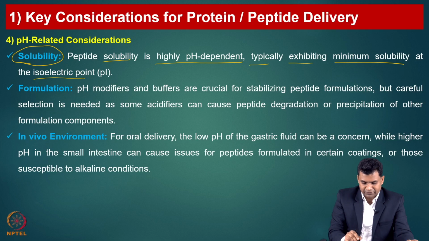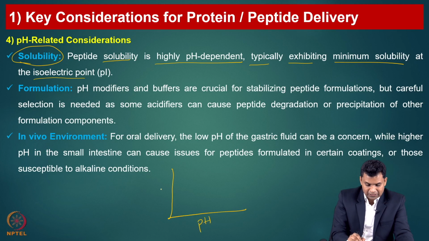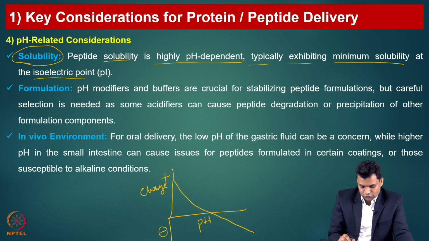We can understand this by plotting a simple graph. On the x axis you can take pH, and on the y axis the charge, where this side is positive and here is the negative charge. Okay. So, the isoelectric point is like this. This is the isoelectric point, consider this a pH of 5.5.